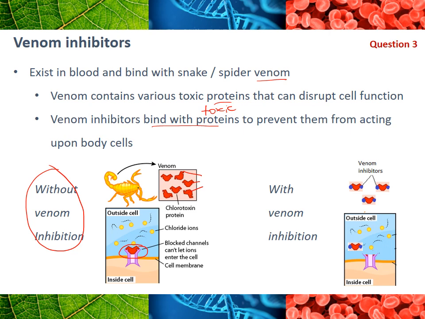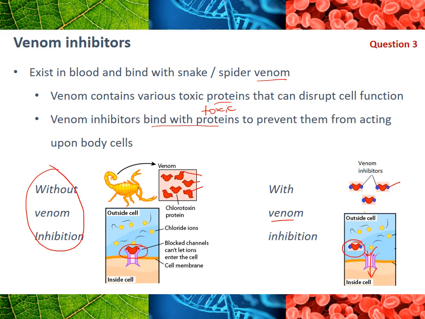So let's look at the same example now with venom inhibitors, and you can see these little blue molecules have bound to the active site of the toxic protein, and by doing that, this protein can't attach here to the channel protein. Okay, so it can't disrupt cell function, and these ions are still able to move into the cell as they should. Okay, that's all you need to know.